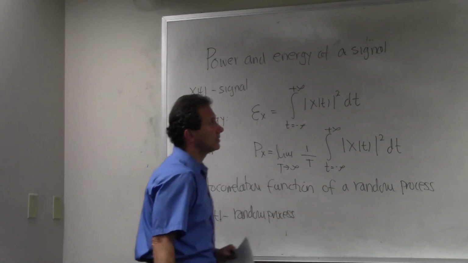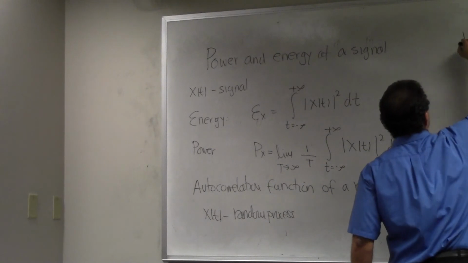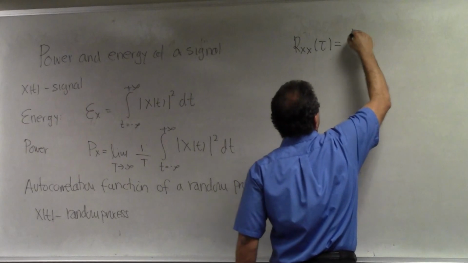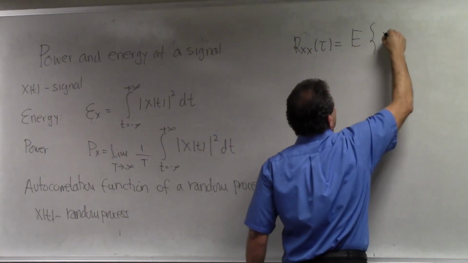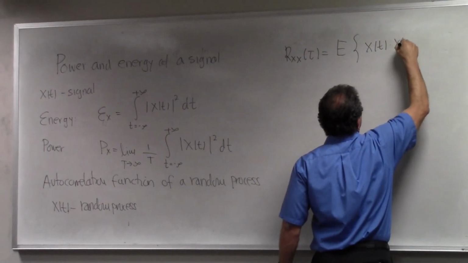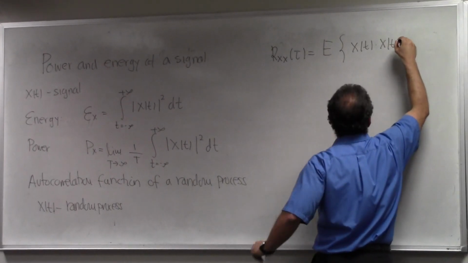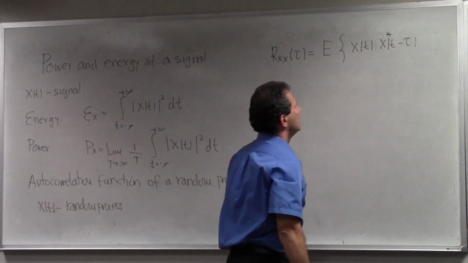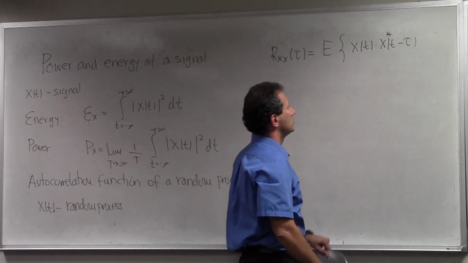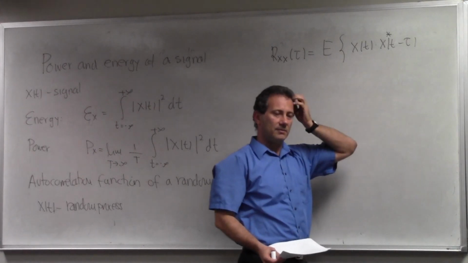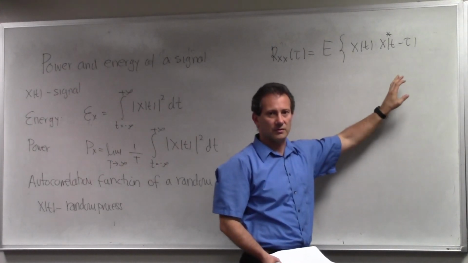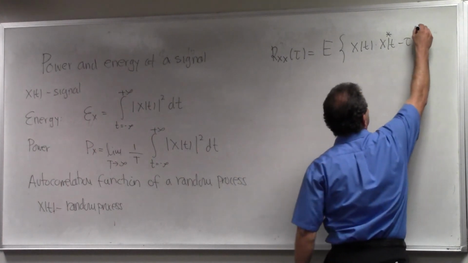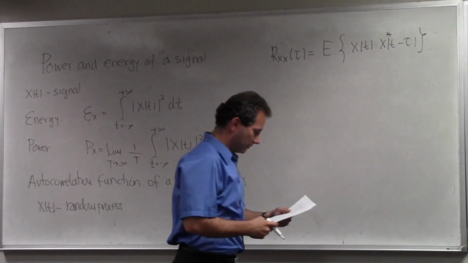Then the autocorrelation function of this random process, we're going to designate as Rxx of tau, is going to be the expected value of x of t times x of t minus tau. It is customary to put the complex conjugate here if this is a complex process, but I'm going to kind of ignore it for the rest of the class because we're going to be dealing mostly with real signals. So this is the definition of the autocorrelation function.